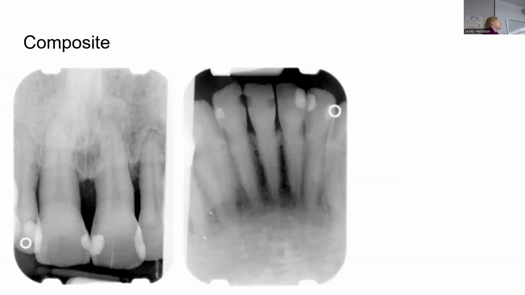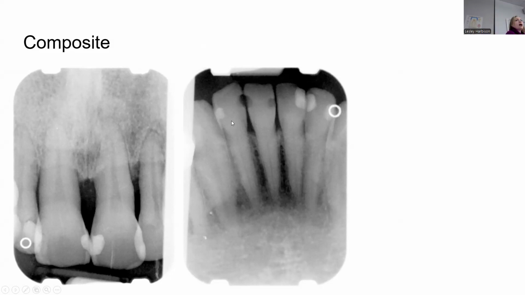But these materials are constantly changing, and the makeup of them is constantly changing, and they are making them so that you can see them and they stand out better. You can see that clearly here, because this is a great example of how radiolucent the composite was, and then this composite that's more radiopaque.